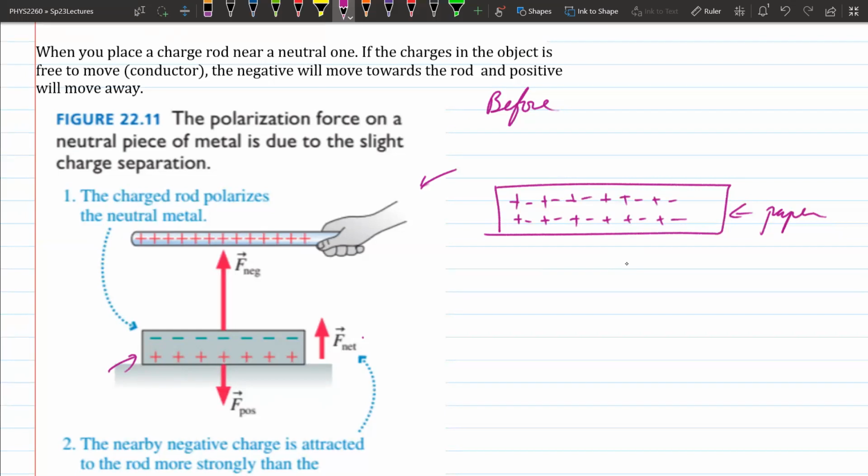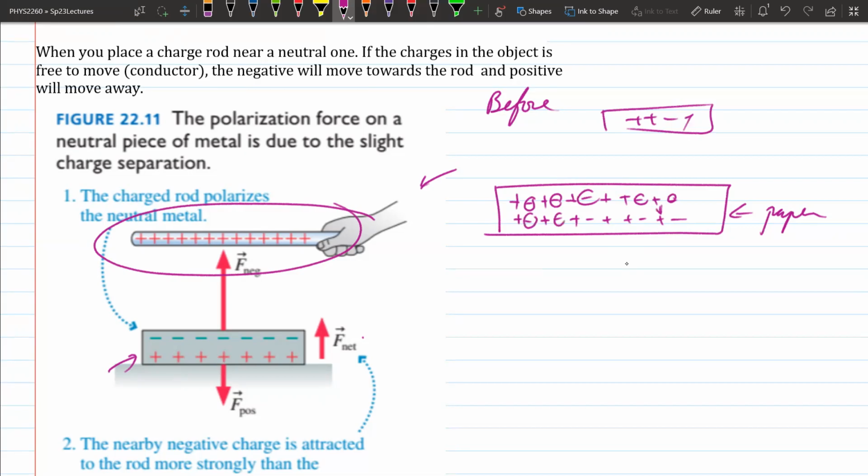But when you put a plus charge thing near it, let's say using a glass rod, a plus charge is going to attract these little negative charges towards it while repelling the positive charge away. So it actually moves the bottom minus charge closer to it.